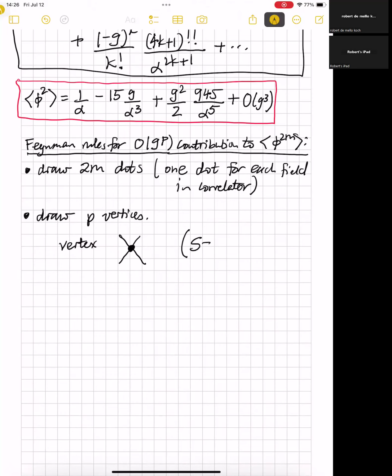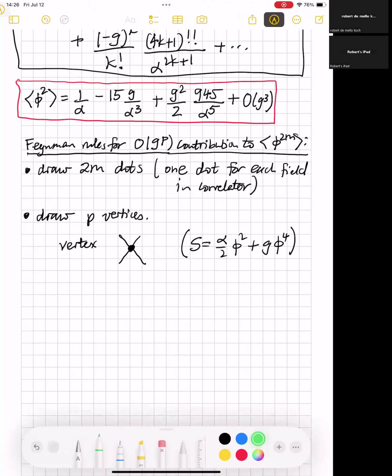Well, think about the action, which was alpha over 2 phi squared plus g phi to the 4. Here you've got a 4 in the interaction, and here you've got 4 lines meeting. Those 4s are related. If you had a phi to the 6 in your interaction, you'd have 6 lines meeting. If you had a phi cubed, you'd have 3 lines meeting.